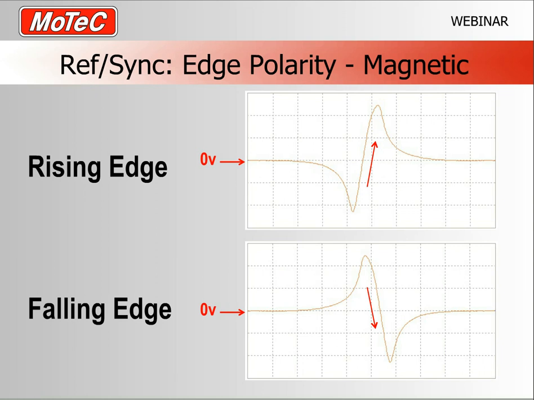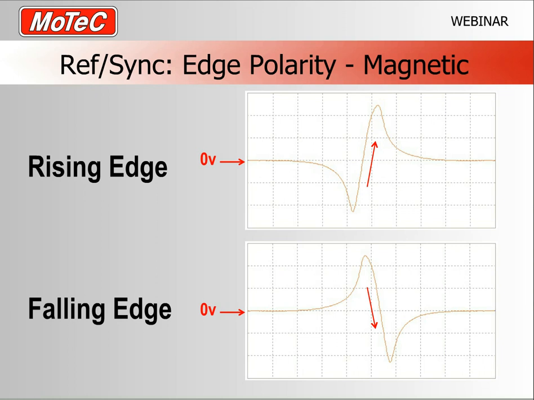Now, for magnetic edge polarity, a magnetic sensor gives a specific signal depending on how it's wired. Unlike the Hall sensor, you cannot choose which edge. The edge you have to use is set by how you've wired the sensor.